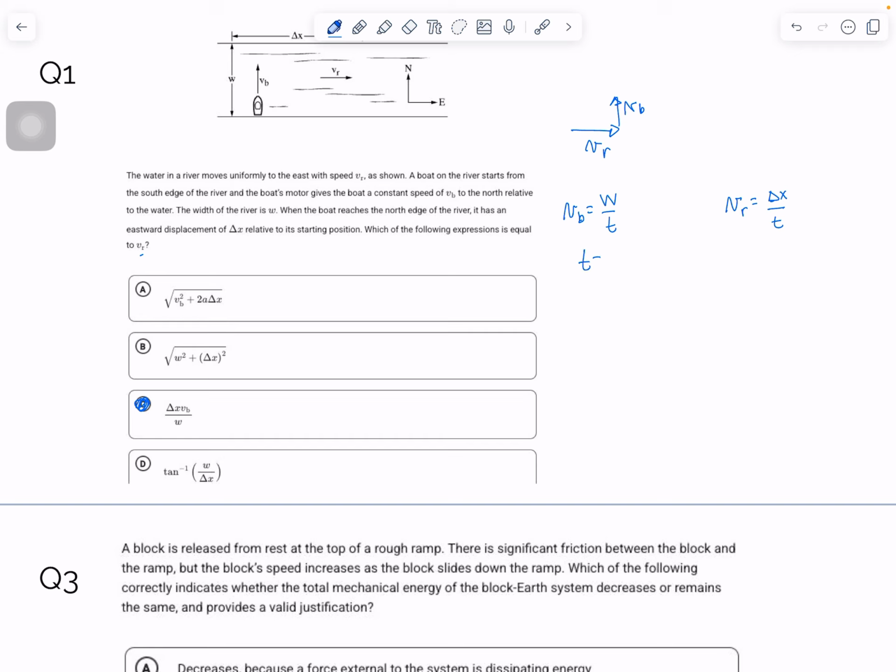So I know that t is equal to W over velocity of the boat. And I'm going to substitute that in there. The arrow I would not do on my work, but everything else I would. So this is delta x over W over velocity of the boat, and then delta x VB over W. And so that is C.